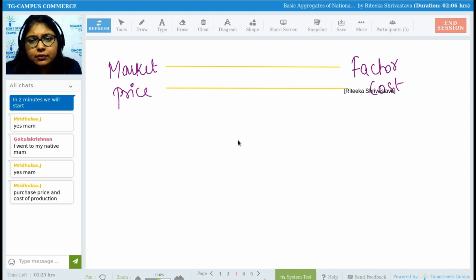No one? Why? In the first class only I have done the differentiation between price and cost. Okay, Mridula says purchase price and cost of production. Okay, fair enough.